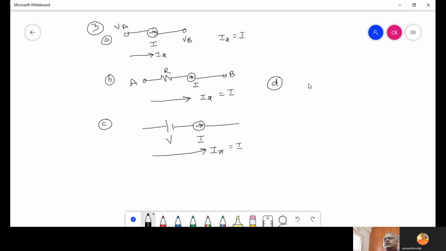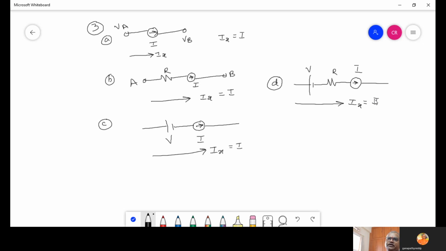D. A branch may contain a voltage source, resistor, then current source. What is the current in this? Ix, again equal to I only.